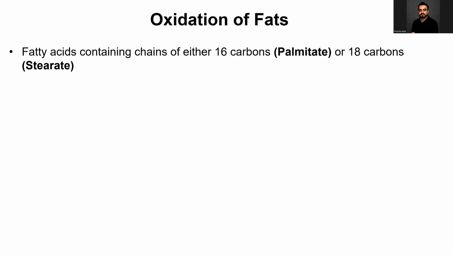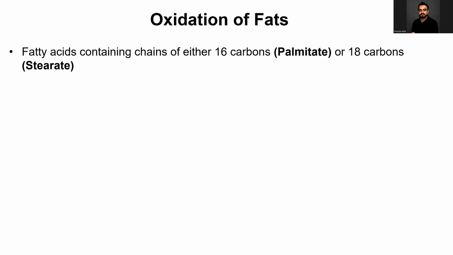In the previous lessons, we talked about the oxidation of carbohydrates, but let's talk about the oxidation of fats. We are going to talk about the fats in a separate chapter, but here, let's talk about the fatty acids. The fatty acids are a long chain of carbons.